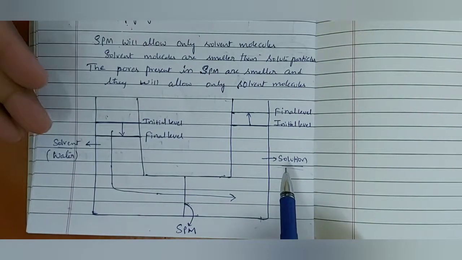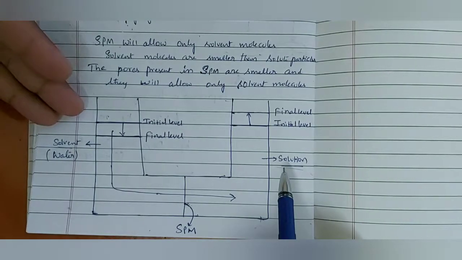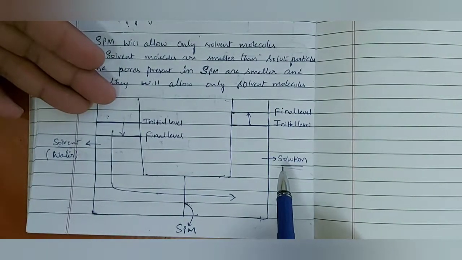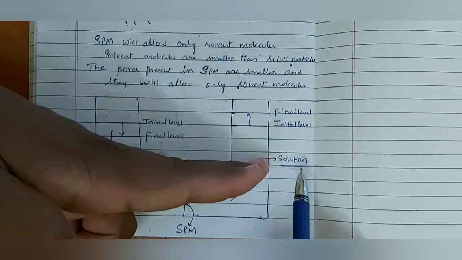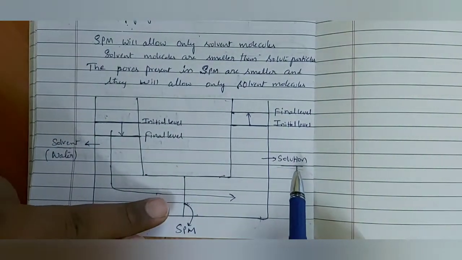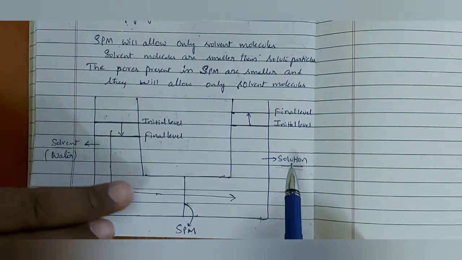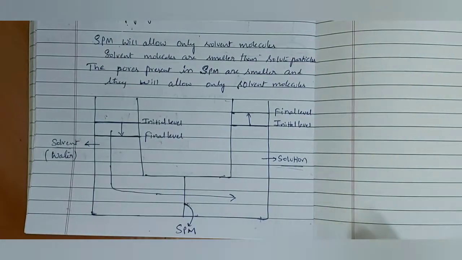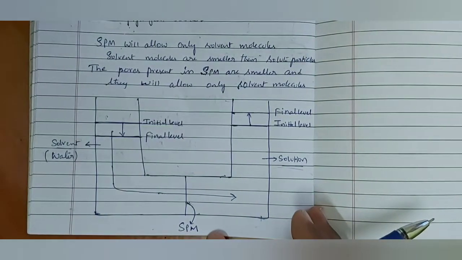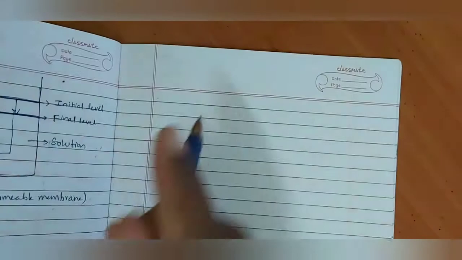Is it okay? So water molecules are moving from the low concentrated region to the high concentrated region in the presence of a semi-permeable membrane. Solvent molecules moving from the low concentrated region to the high concentrated region in the presence of a semi-permeable membrane is called osmosis.